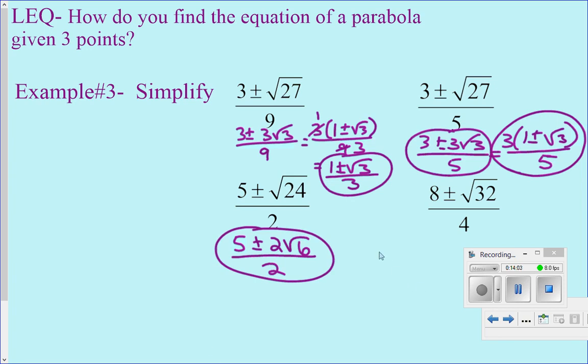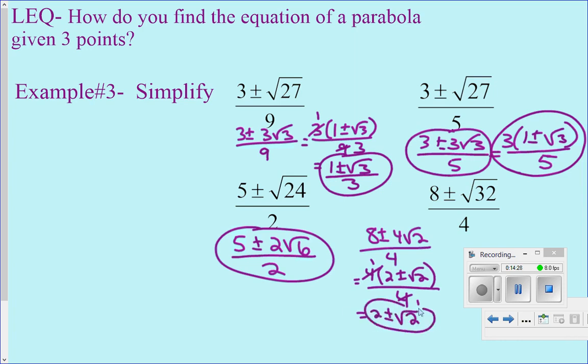Next, 8 plus minus root 16 times root 2 is root 32, so 4√2 over 4. So I'm factoring out a 4. And the 4's simplify. So 2 plus or minus the square root of 2 would be the final answers.